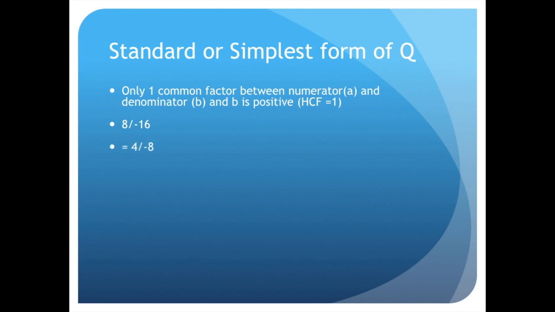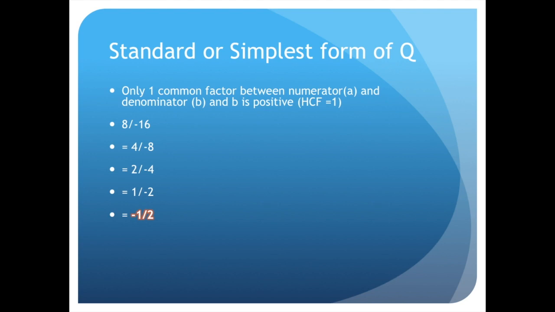Now again we can see that 4 and 8 both are divisible by 2, so it becomes 2 by minus 4. Again by dividing both numerator and denominator by 2 we get 1 by minus 2. Now we can see they cannot be divided by any number other than 1.